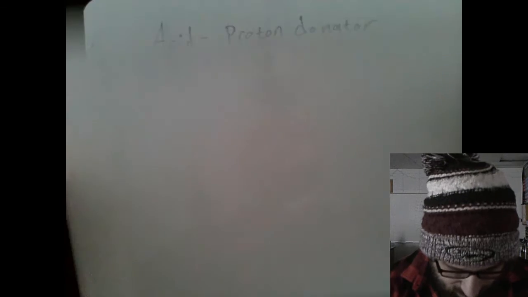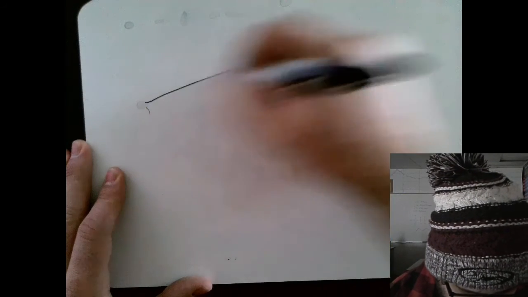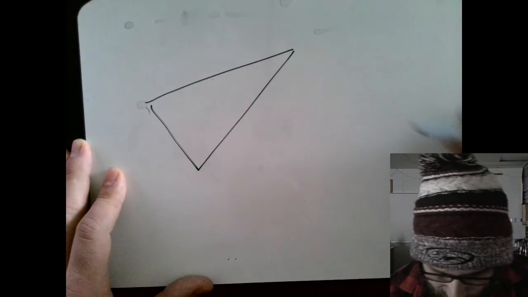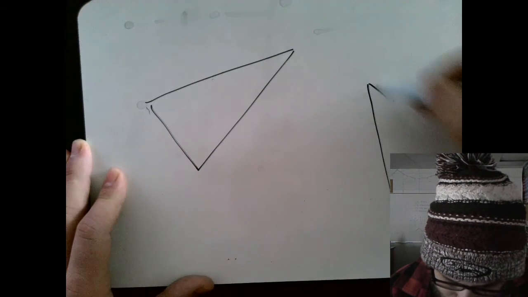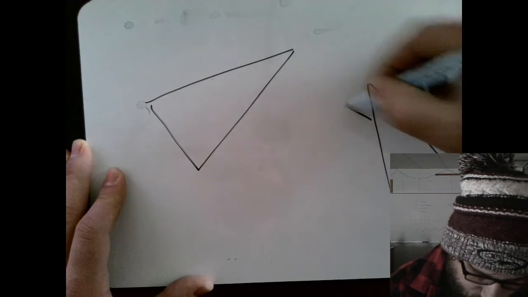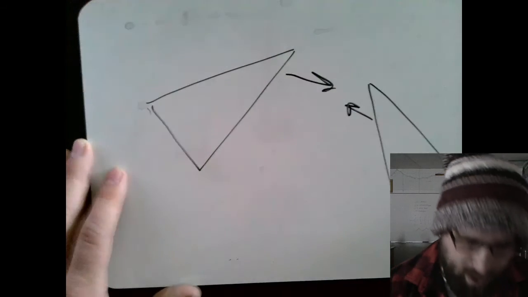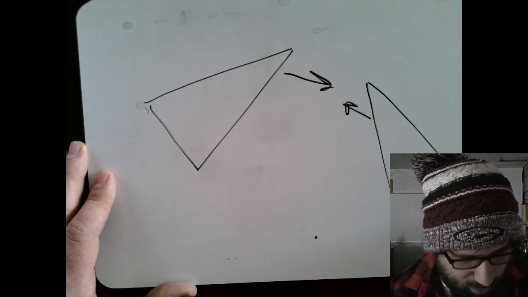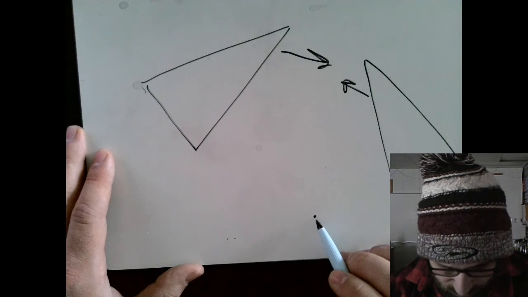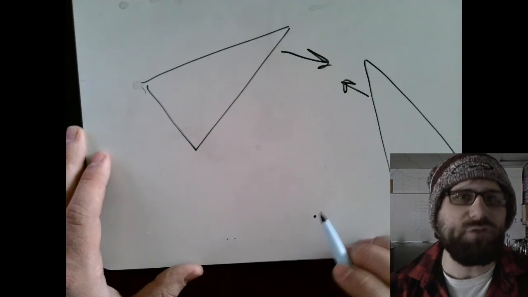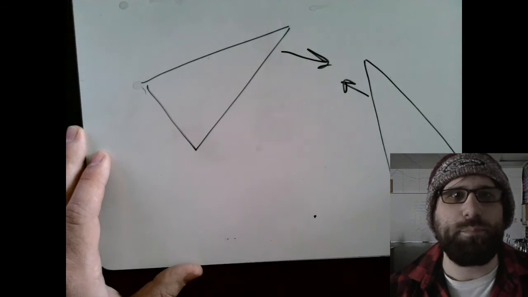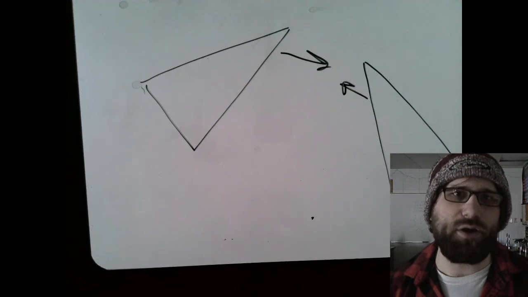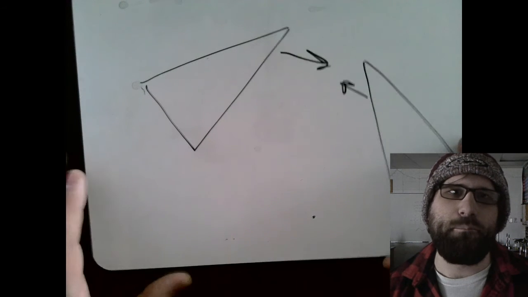I have these giant Star Destroyers that just look like giant triangles, trying to do battle with each other, firing lasers back and forth. Having a proton moving around in here is like having a tiny little X-Wing that is so tiny, it's just a little speck that it doesn't even show up on the radar of either ship. That's what it's like having this proton in comparison to the size of the other molecules that it's going to be interacting with.